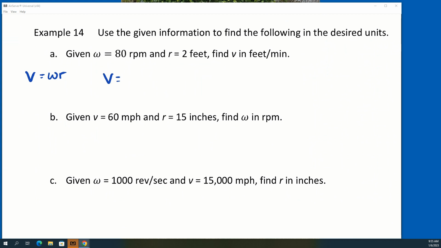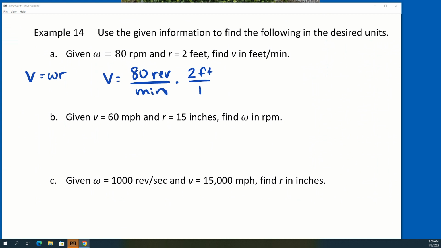When we set this up, we can't do 80 RPM. We have to do 80 revolutions in the numerator and minutes in the denominator. Right, and then we're going to multiply that by 2 feet. Now I'm going to put 2 feet over 1. It's up to you if you do that or not. It's not necessary if you can keep it straight.